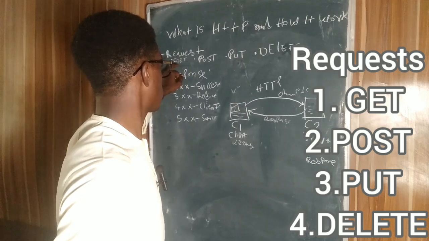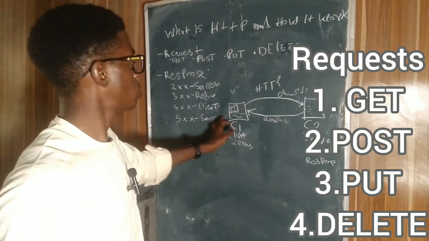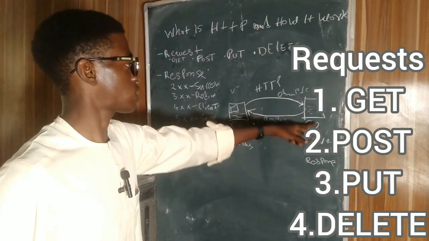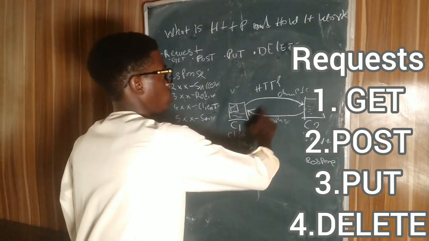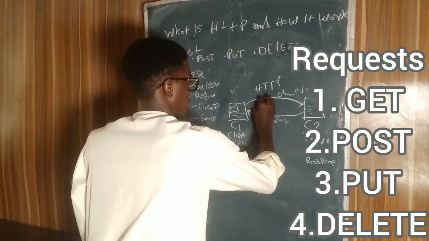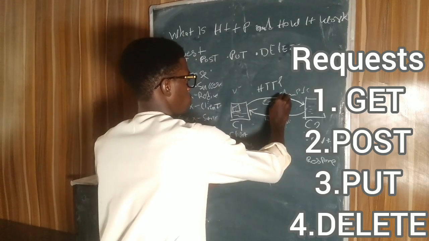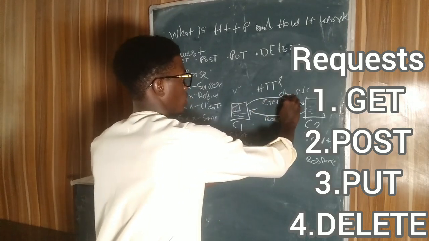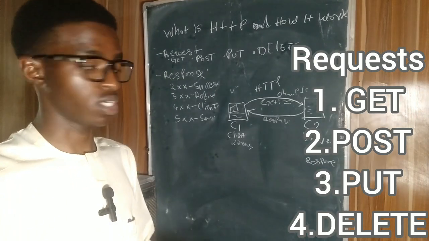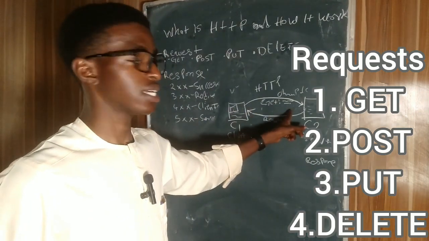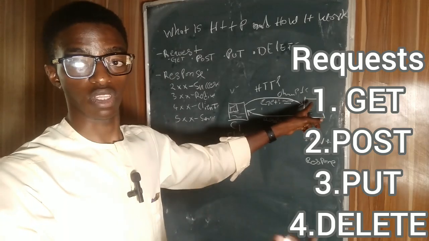You can make a GET request when you want to get something from the server. You make a request, and in the request you write GET, followed by whatever you want. For example, if you want a chemistry textbook, you write GET chemistry textbook.pdf.